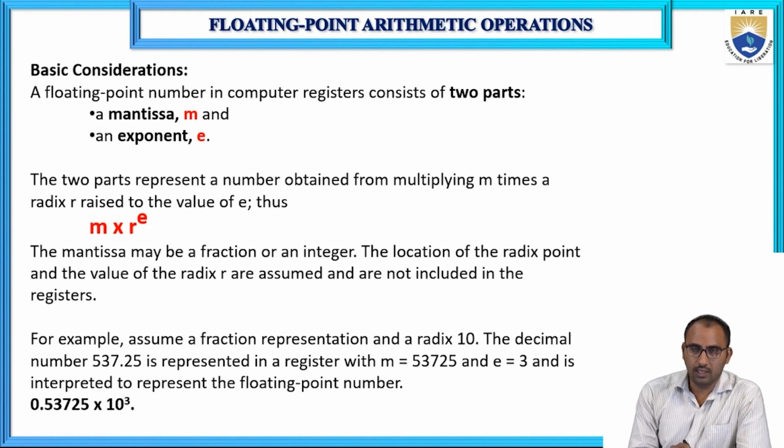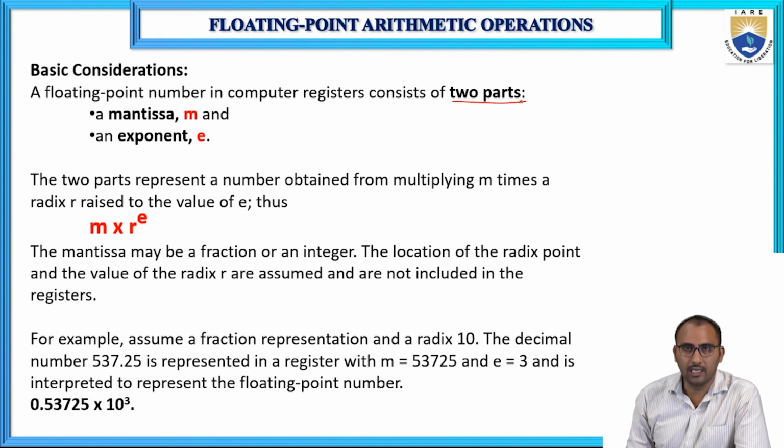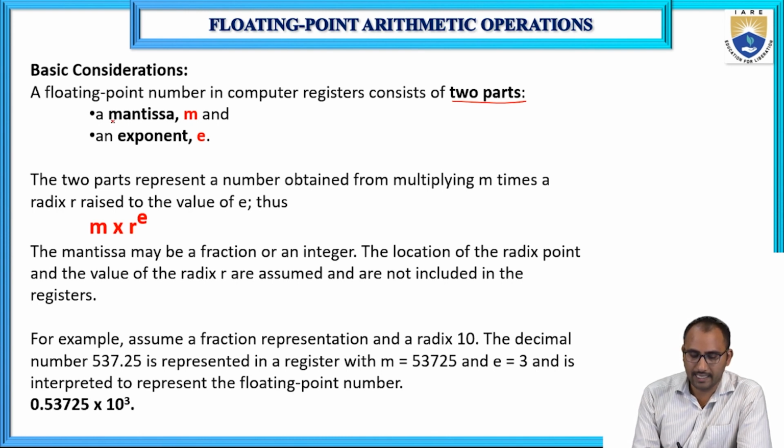A floating point number in a computer register consists of mainly two parts. Any floating point number can be represented in two parts: one is the mantissa, represented with m, and the other is the exponent, represented with e. Using these two parts, we can represent a floating point number.